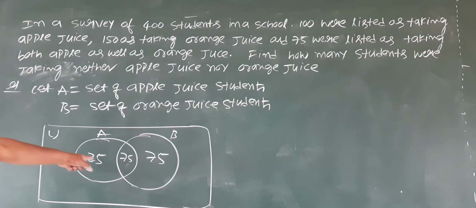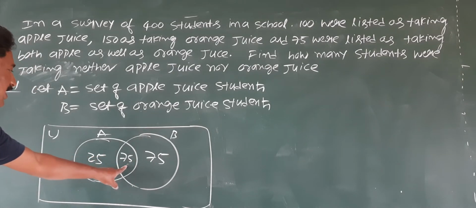So this is A minus B, B minus A, and common.